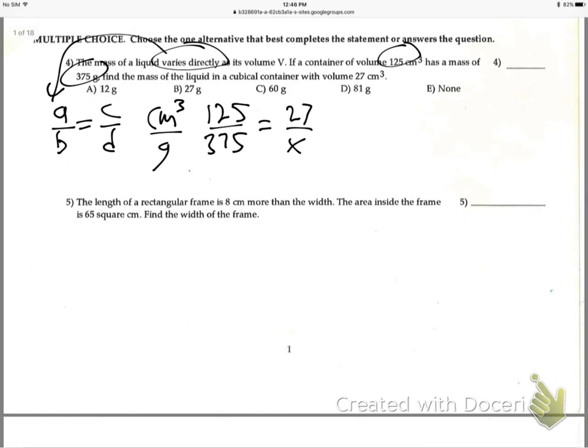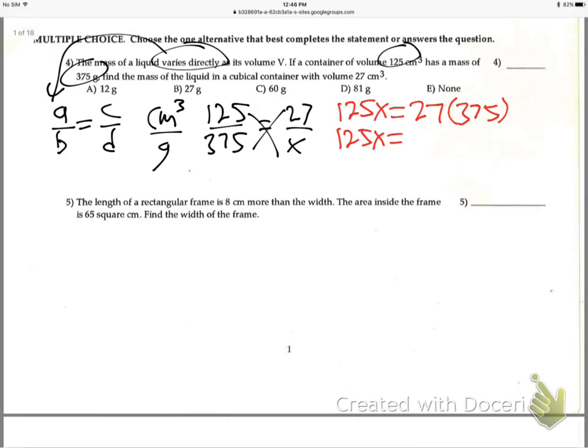So there we go. Solve for x. Diagonal, diagonal. 125x is 27 times 375. And I don't know what that is, but you do, right, with your calculators? I know the final answer is going to be something like 9 or something, isn't it?